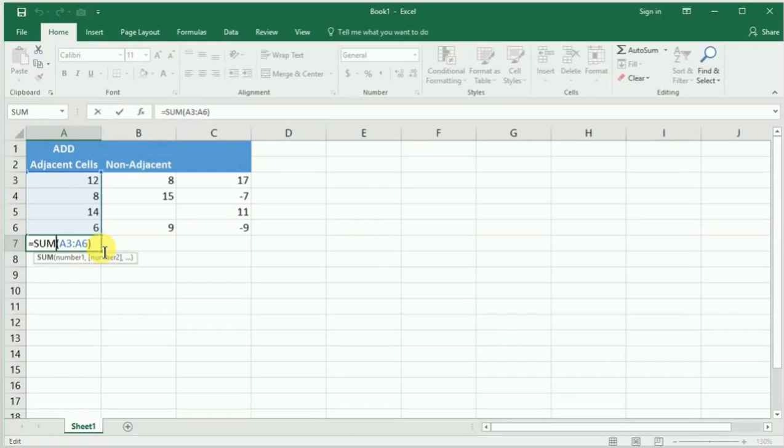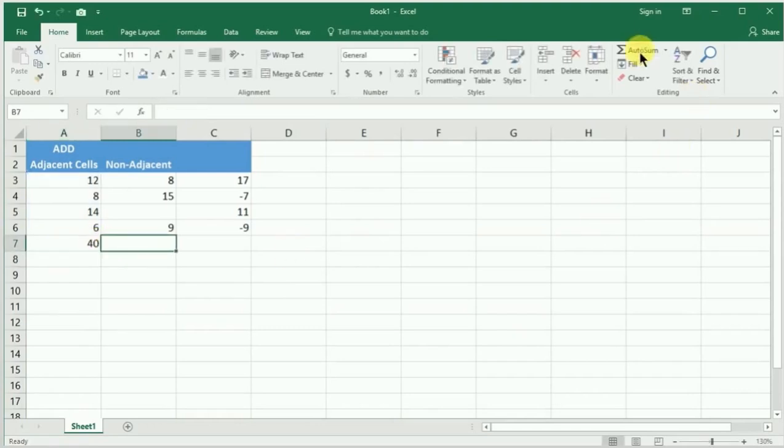If you try to do AutoSum here, where there's missing data, it will only capture the adjacent cells with data. Since row 5 is empty, Excel doesn't recognize the entire column or group of adjacent cells.